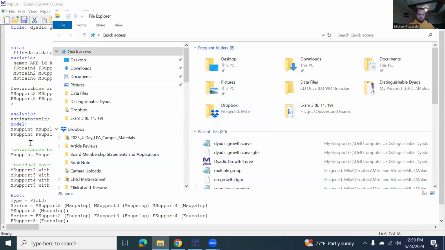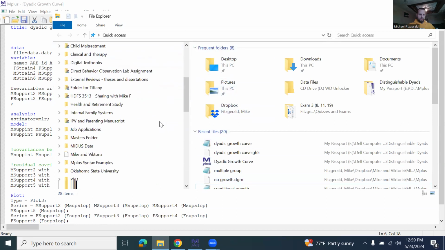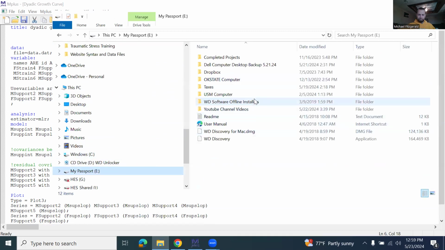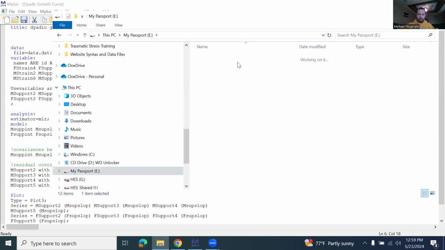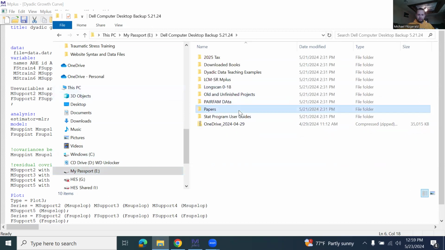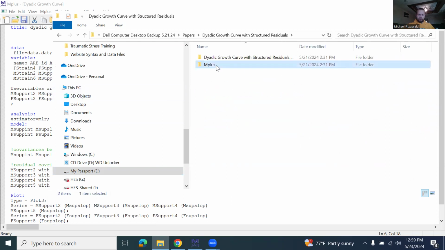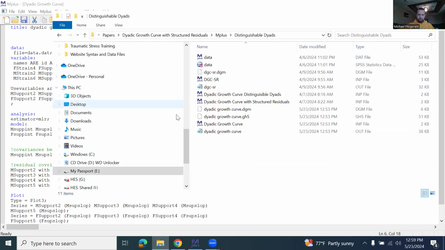So we can go to the external hard drive that everything is located on. We have a computer backup, and then we have papers, growth curve, we'll go into Mplus, distinguishable dyads, and here is my input file, and we have our data file as well.